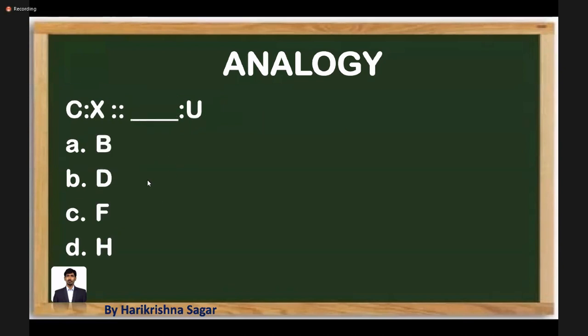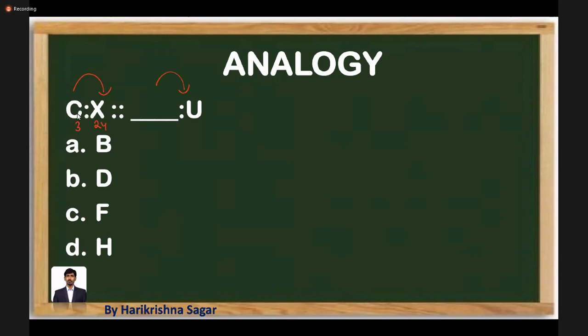Look at the next question. Cx dash will be U. So C is the third alphabet, X is the 24th alphabet.